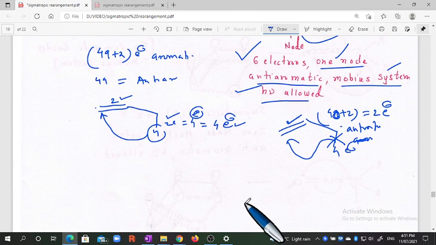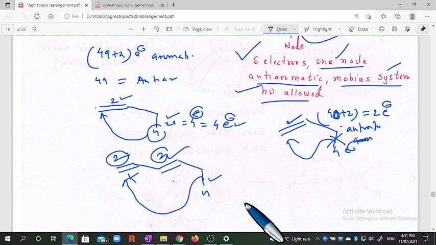The next example we have taken, like that system, is a pentadiene system, and in this system there are 2 electrons for this pi orbital, 2 electrons for this pi orbital, and 2 electrons. If it is migrated suprafacially, then we consider 2 electrons for this migration of the hydrogen. Therefore it is a 4q plus 2 system.